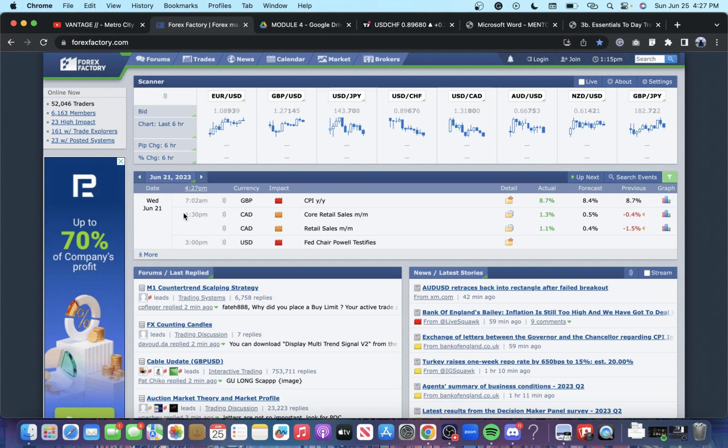And for New York session, we only had a major impact on the Canadian dollar, which was core retail sales numbers. Just core retail sales numbers, the only economic release we had on Wednesday for the Canadian dollar. I've taught you how you can utilize the economic calendar to time price delivery for the day.